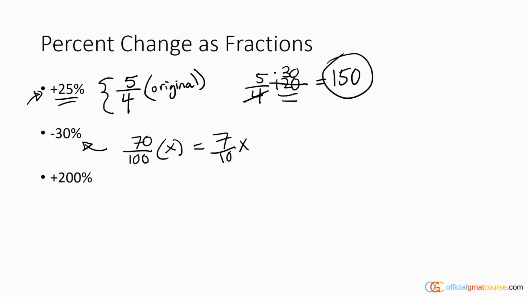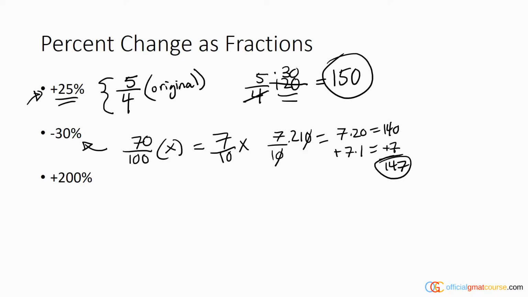So if I was asked, what is 70% of, let's see, 70% of 210? Well, it's 7/10 of 210. And we can cross out the 0 there, and then I get 7 times 21, and that is going to be equal to 7 times 20 plus 7 times 1, which is equal to 140 plus 7, which means 147.